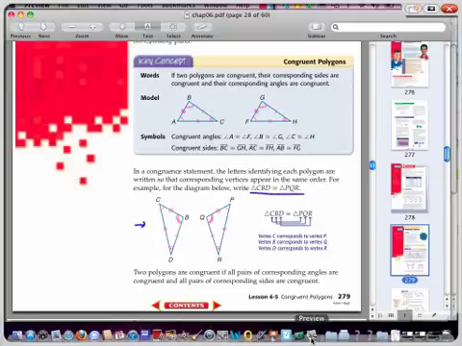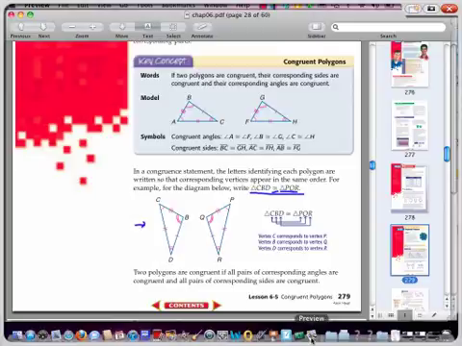They say that this is triangle CBD, and that is congruent to triangle PQR. So when we write it in a particular order, then we know that they match up in the same way.